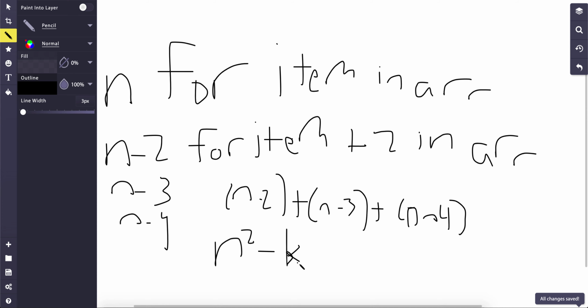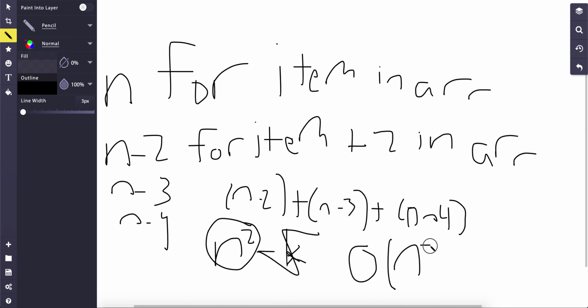And one thing in big O notation is that we usually just take the term with the highest degree, so this would be n squared, and because this constant is really small compared to a very large n, we would essentially just remove this constant term. So in the end, we just have O of n squared, and that is the time that our program will take in the worst possible case scenario.